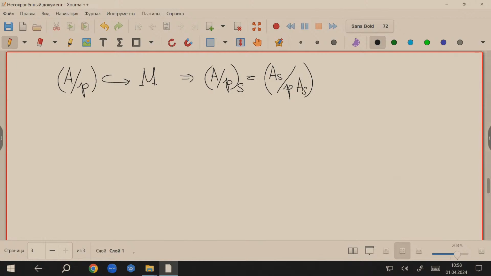And then you have the inclusion of this set in the localization. So this implies that if you have this inclusion, then you have also this inclusion, but of course there could be a trivial thing here.